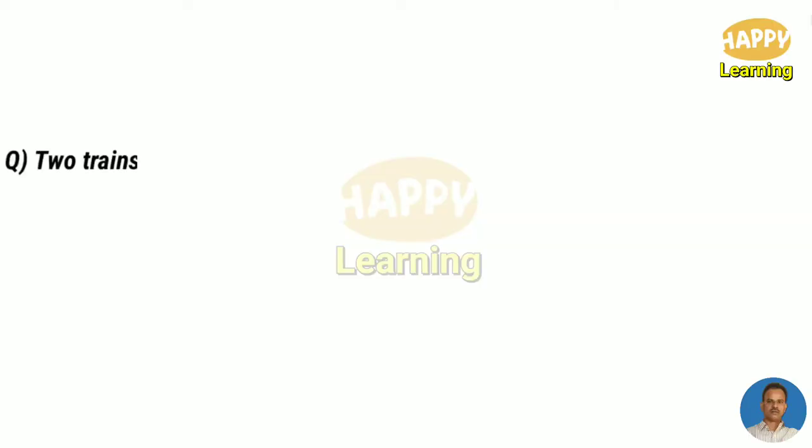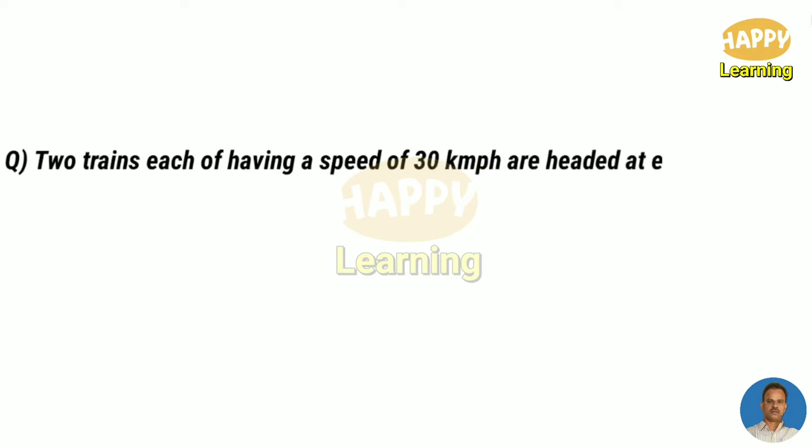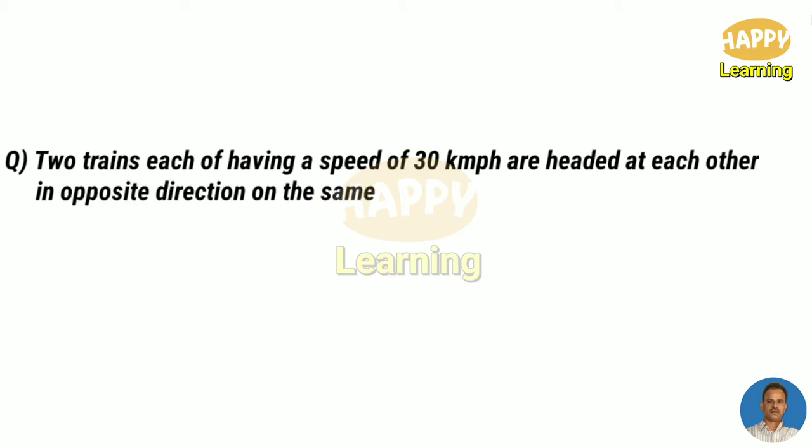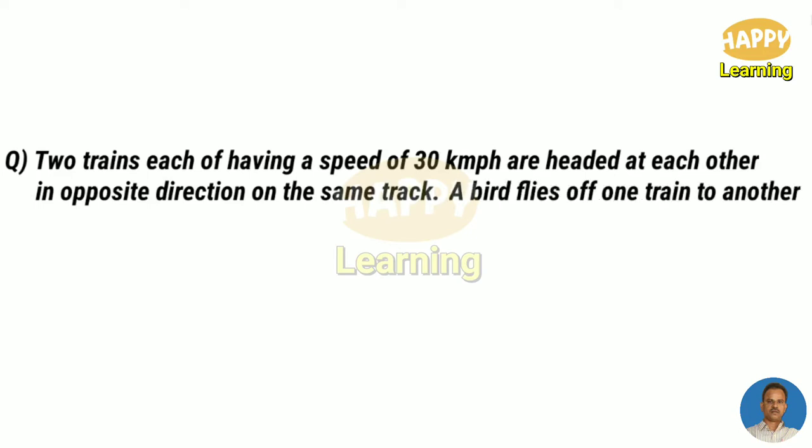Two trains, each having a speed of 30 km per hour, are headed at each other in opposite directions on the same track. A bird flies from one train to another with a constant speed of 60 km per hour.